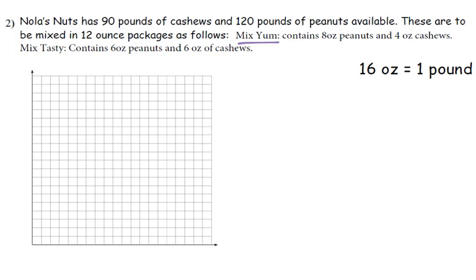So we've got two, right? Mix Yum and Mix Tasty. I'm going to change that to red. Okay, so we've got 8 ounces of peanuts and 4 ounces of cashews, or 6 ounces of peanuts and 6 ounces of cashews. And we've got 90 pounds and 120 pounds available.